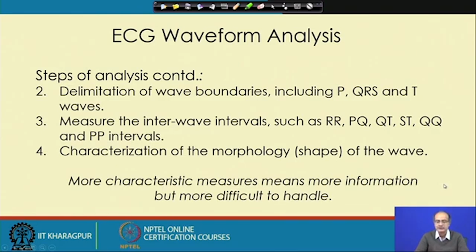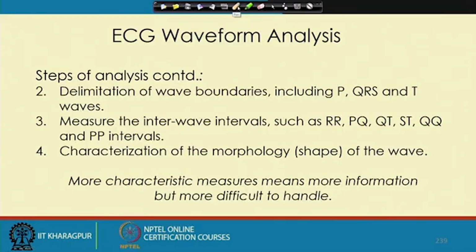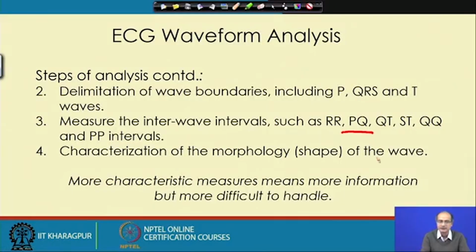The reason is not just that you have to do more computation. The main challenge is that when we are taking more and more measurements, we need to think of the reliability of those measurements. If we fail in finding the location of any one of them, for example, the PQ segment, if we cannot faithfully find the location of P and Q, that measurement will be corrupted by errors, and that can change the whole scenario.